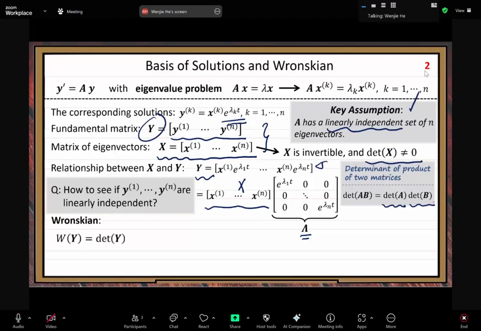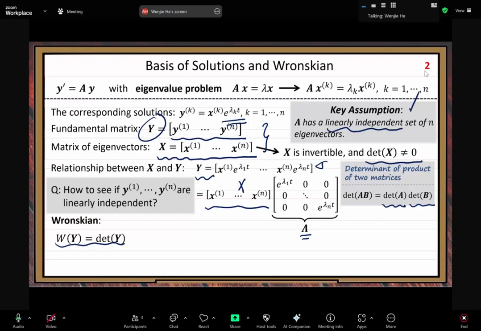The Wronskian W of Y equals the determinant of Y. Wronskian, determinant of Y. Let's do it this way, the Wronskian here.